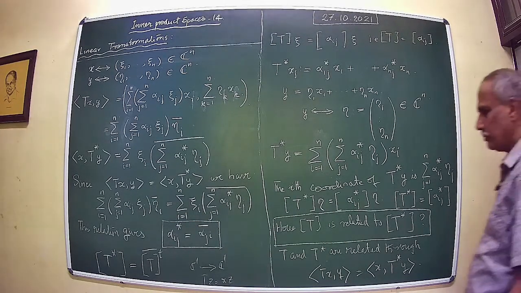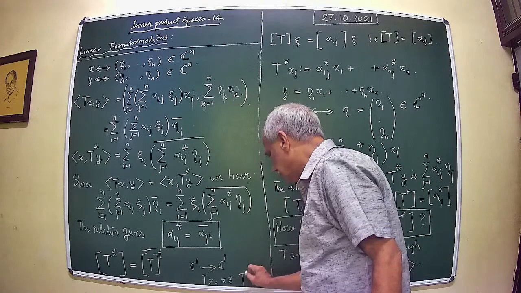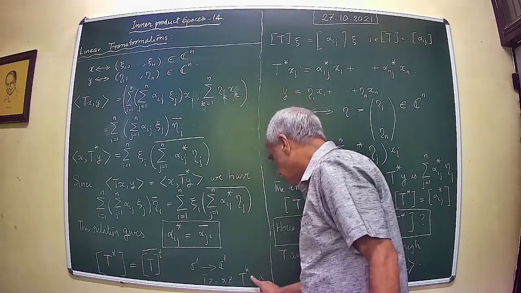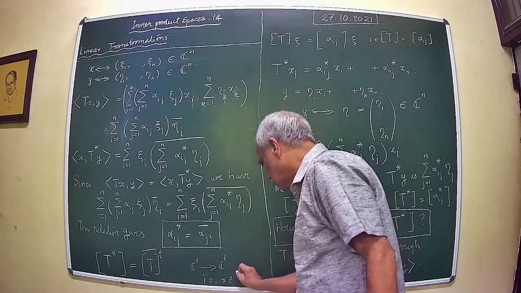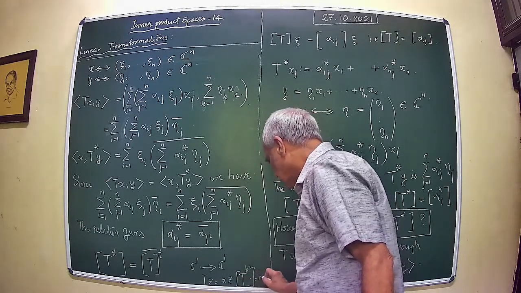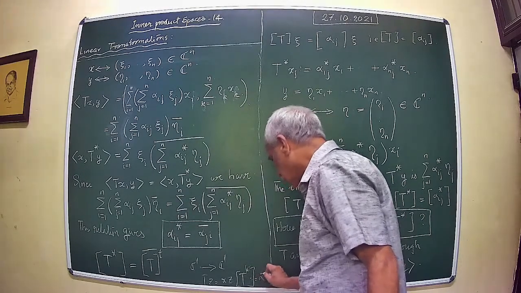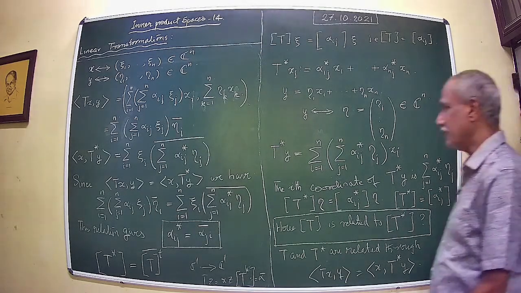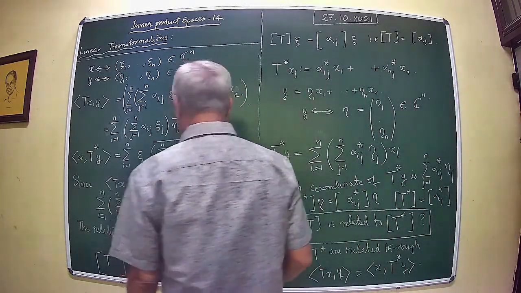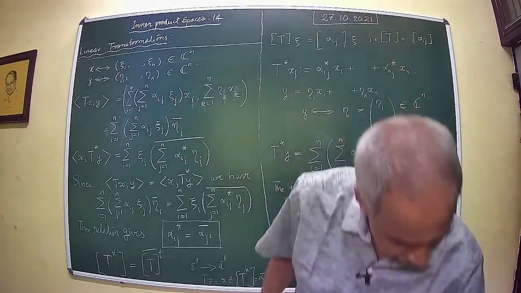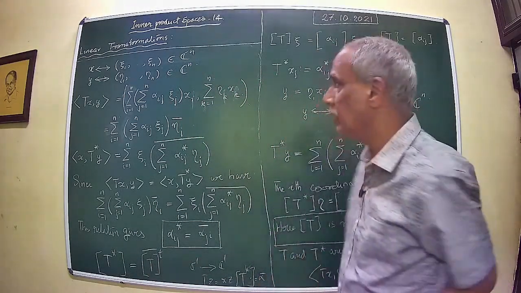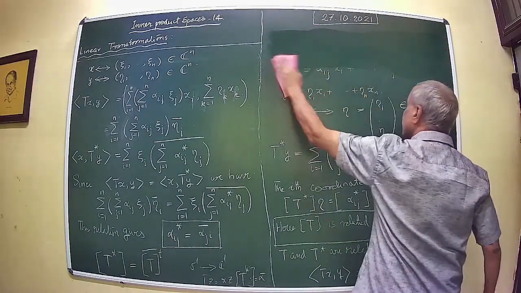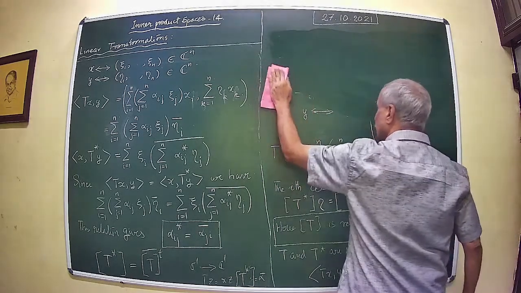Okay. Then what about T star? T star is represented by alpha conjugate. So you see that in the complex plane, this corresponds to what is called the conjugate of the complex number alpha.